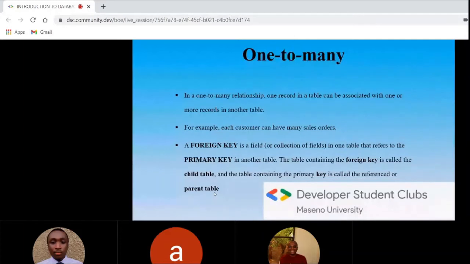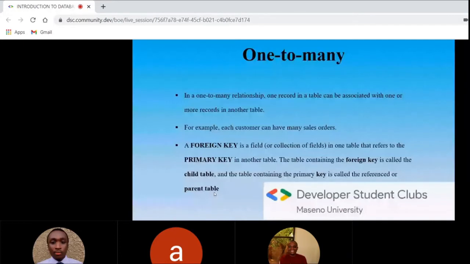The table containing the foreign key is called the child table, and the table containing the primary key is called the referenced or the parent table. I hope that's clear, because it's simply explaining what a foreign key is. It's a column in a table that is a primary key in another table. We'll have an example of the same, so it will be clear.